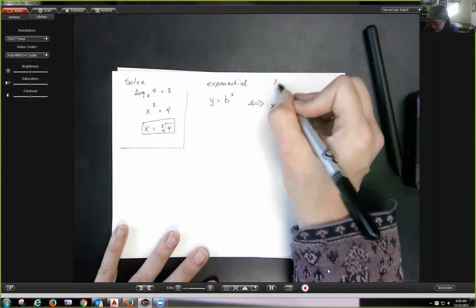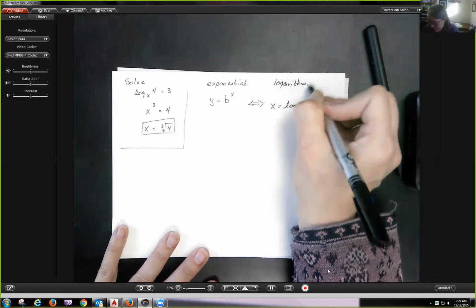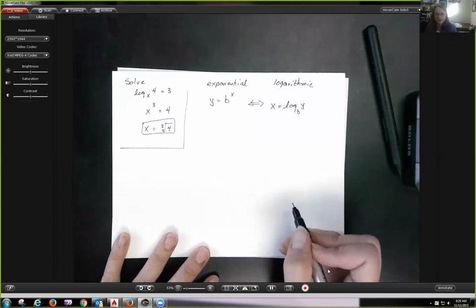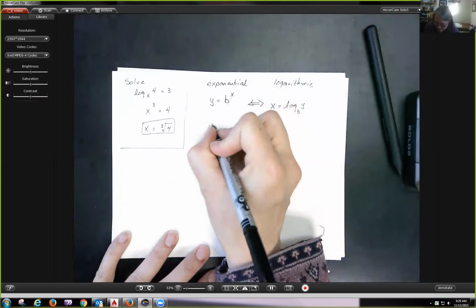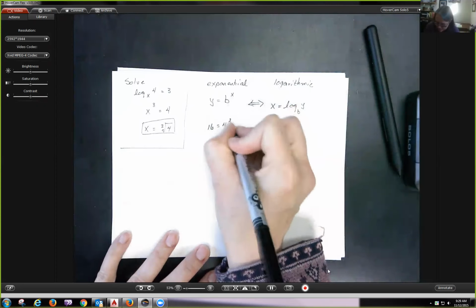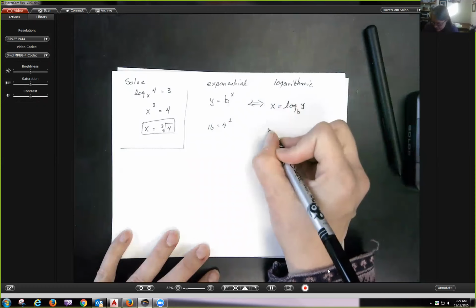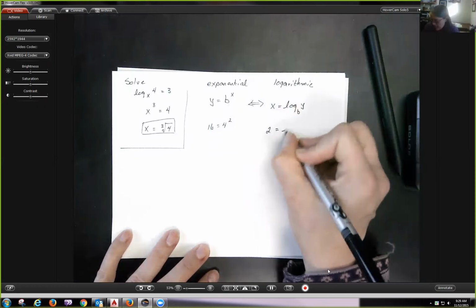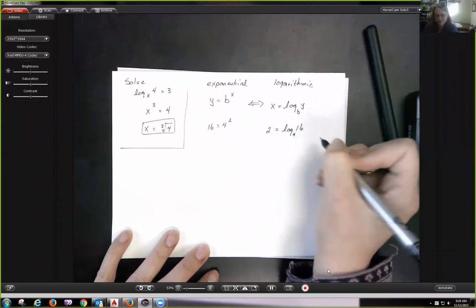This is the logarithmic form of the same mathematical fact. We know that 16 equals 4 squared, so we know that 2 will be the log base 4 of 16.